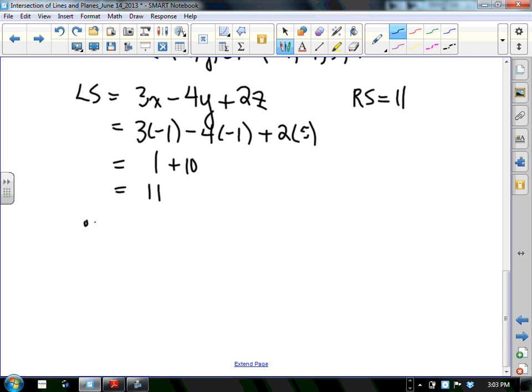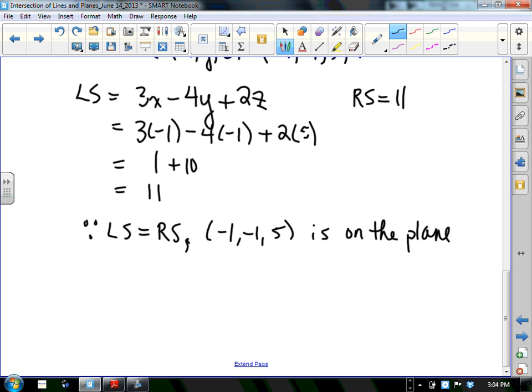So since the left side is equal to the right side, look at exactly what we can conclude here. We could say that the point is on the plane.